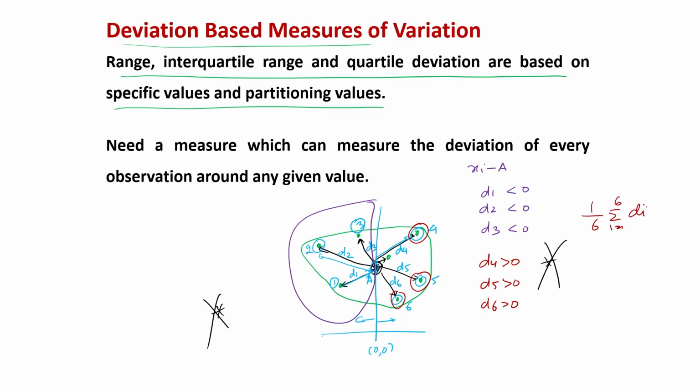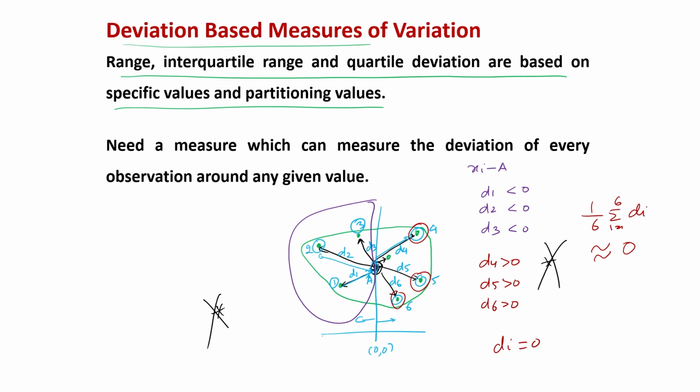But now the problem will be that some of the di's are positive and some of the di's are negative. So, it may happen that this value may come out to be 0 or very close to 0, and ideally there may be some di's which are exactly lying on the point A, so they will be exactly 0. So, if I say there is no variation in the data, then it is a wrong statement.